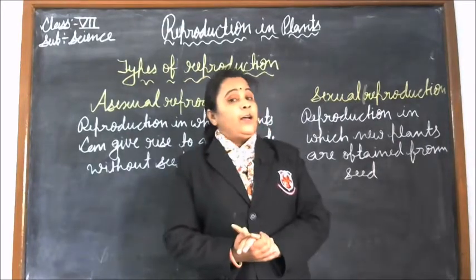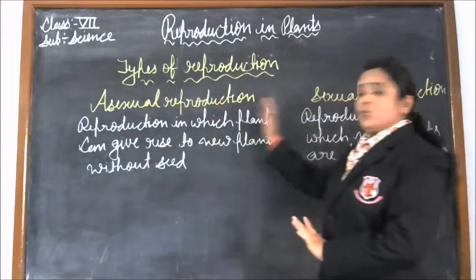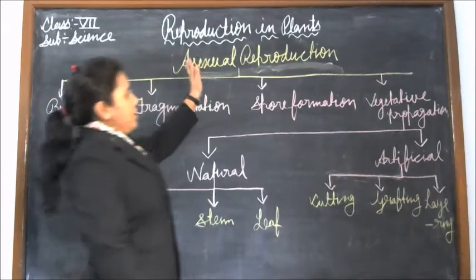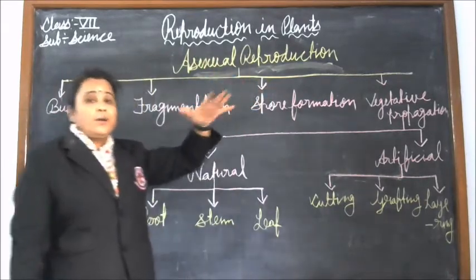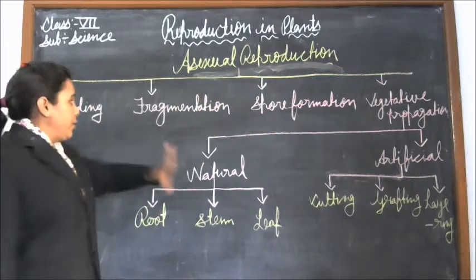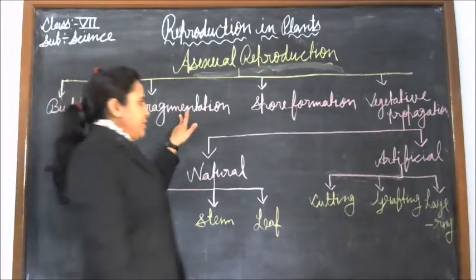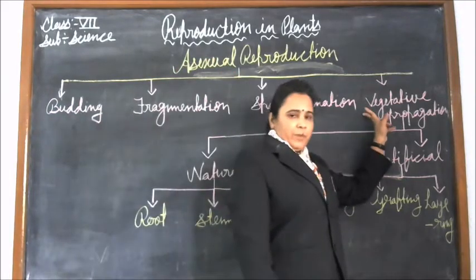Now student, we are going to study asexual reproduction in detail. Asexual reproduction occurs by different methods: first, budding, fragmentation, spore formation and vegetative propagation.